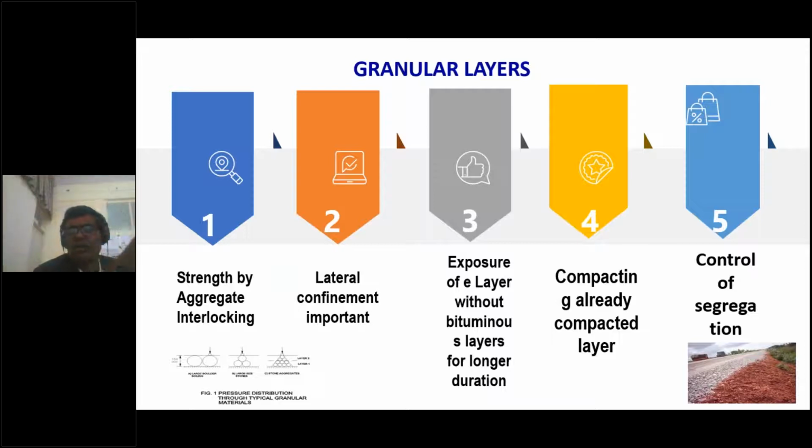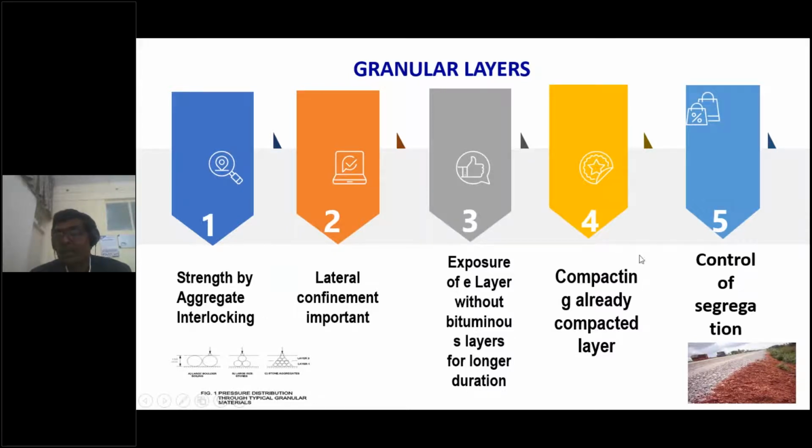Some moving traffic would have disturbed the top layer. What we generally do, in the name of preparation of this layer, when we go for the next construction, is compact again. Compacting an already compacted layer destabilizes it. The interlocking goes. So this is not to be done.